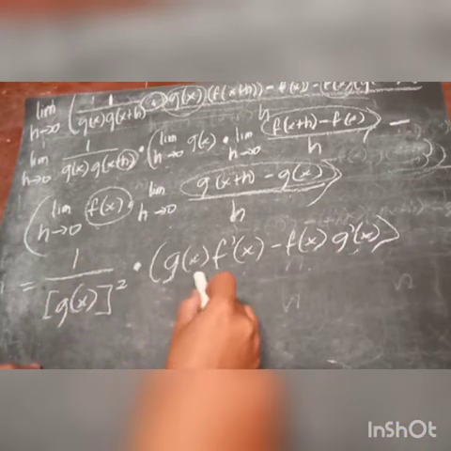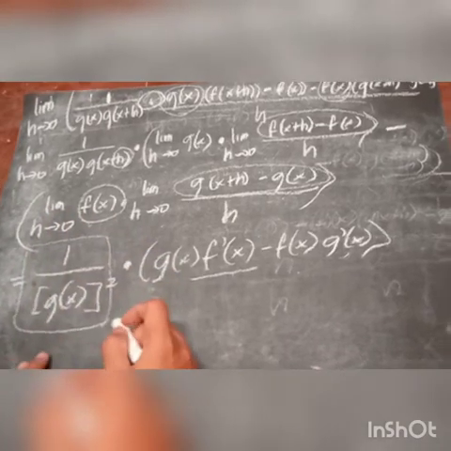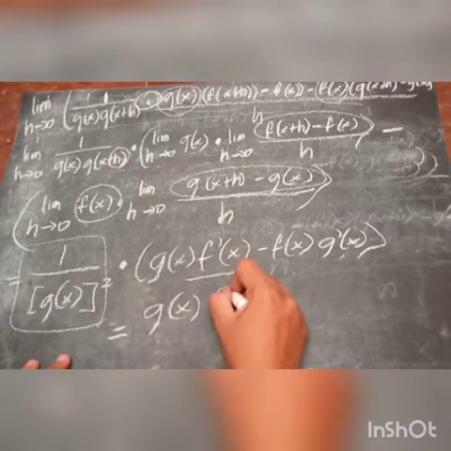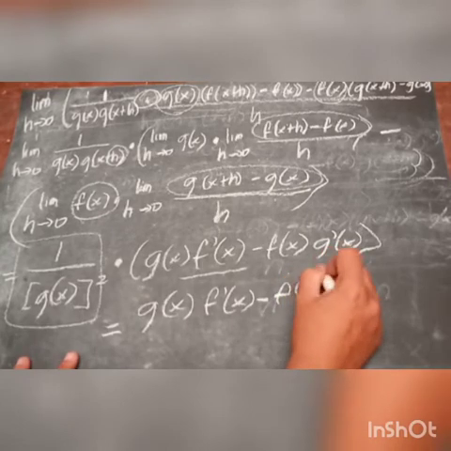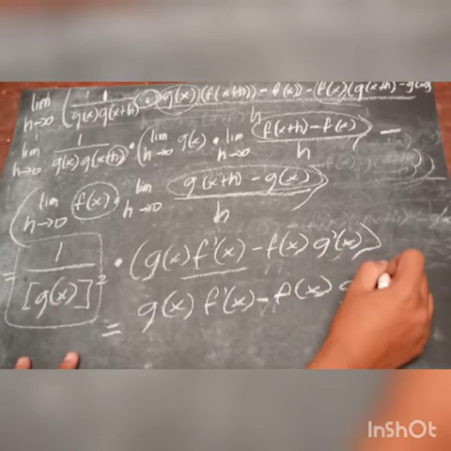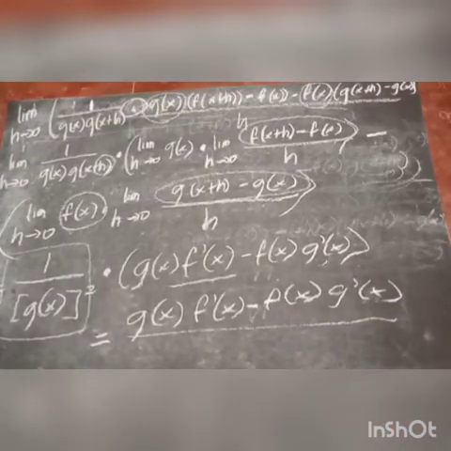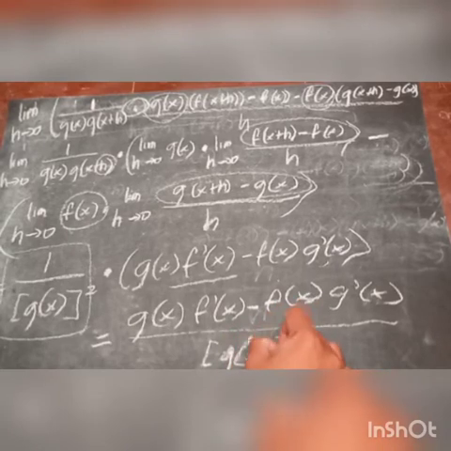We will now multiply these. So we have g of x times f prime of x minus f of x times g prime of x, all over g of x squared.